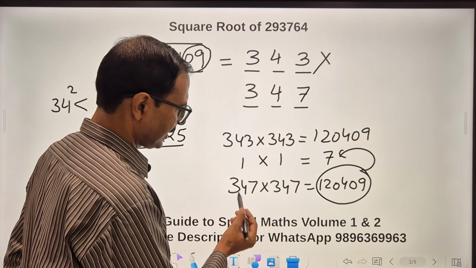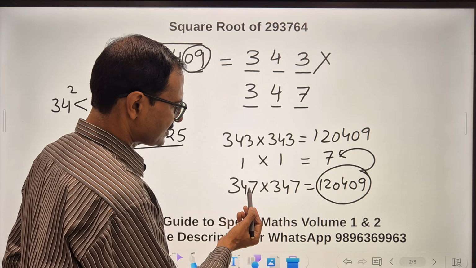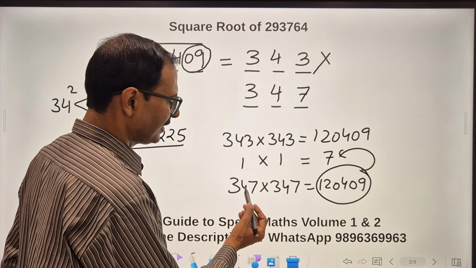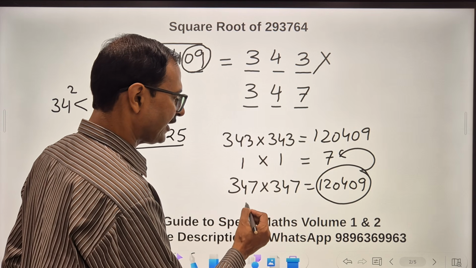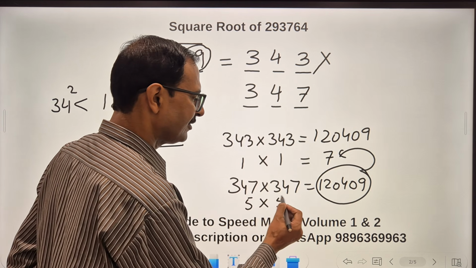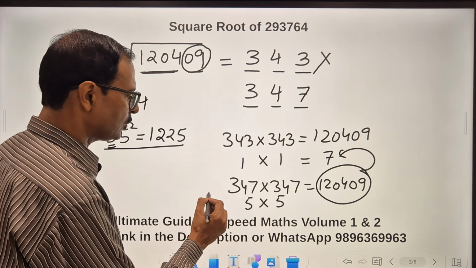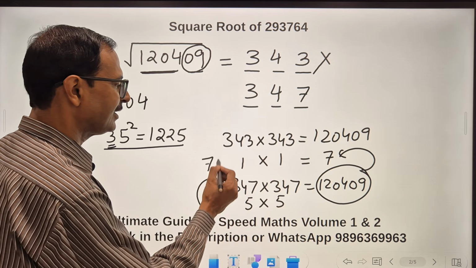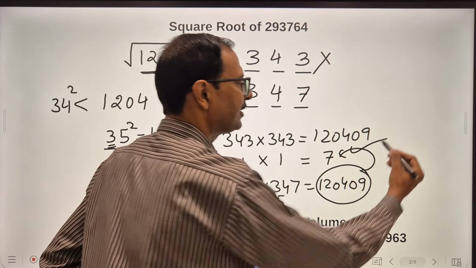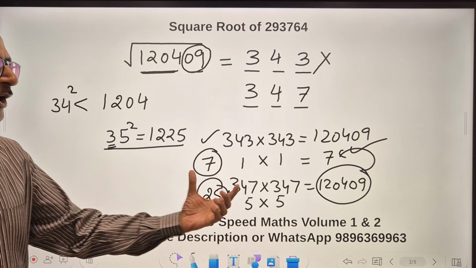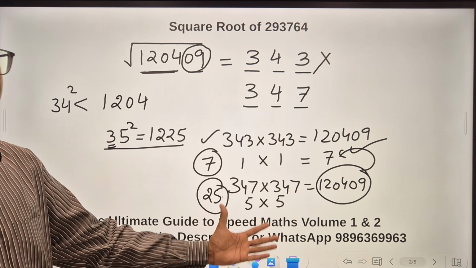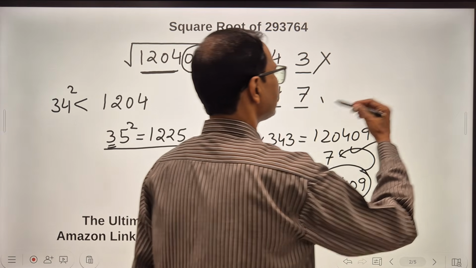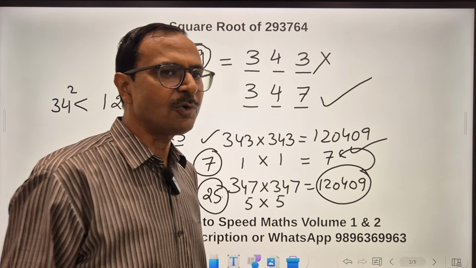How about this? 7 plus 4, 11 plus 3, 14. 14 means 1 plus 4, 5. 5 into 5, 25. And 25 means 2 plus 5, 7. And there we go. Correct. The digit sum of 347 into 347 is the same as the digit sum of 120409. And therefore, the answer for the question is 347.